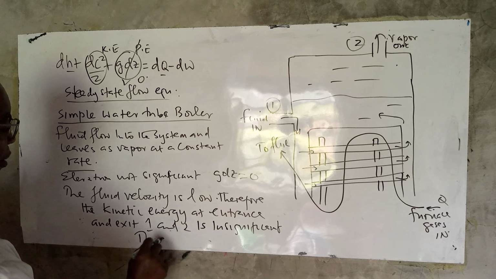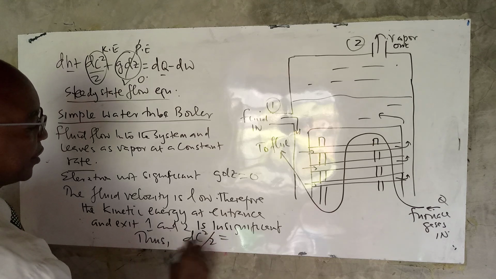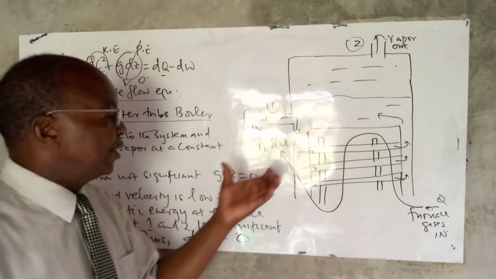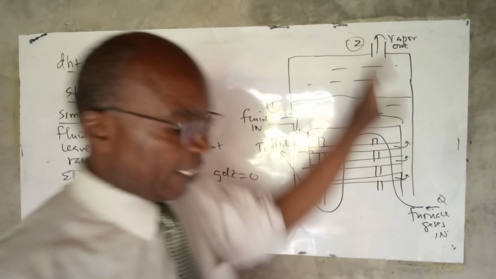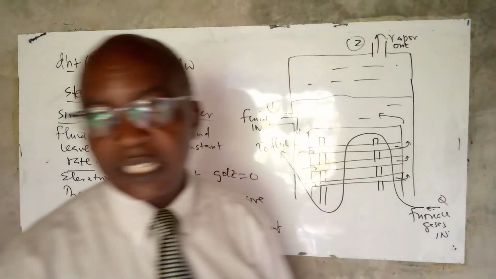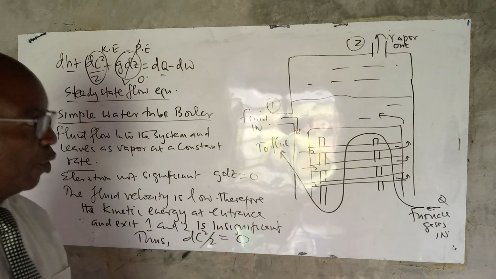Thus, we can say dC squared over 2 is basically 0. So the difference between the kinetic energy at the entrance 1 and at the exit 2, we can assume is insignificant. The difference is very negligible, so we can assume it's 0.